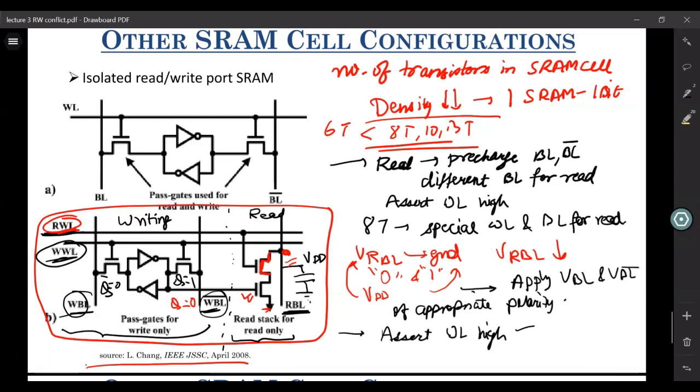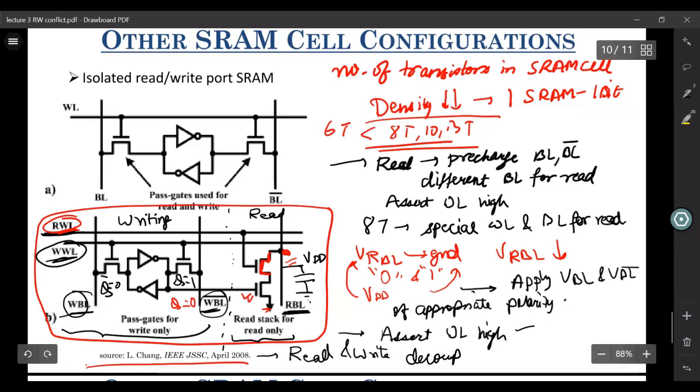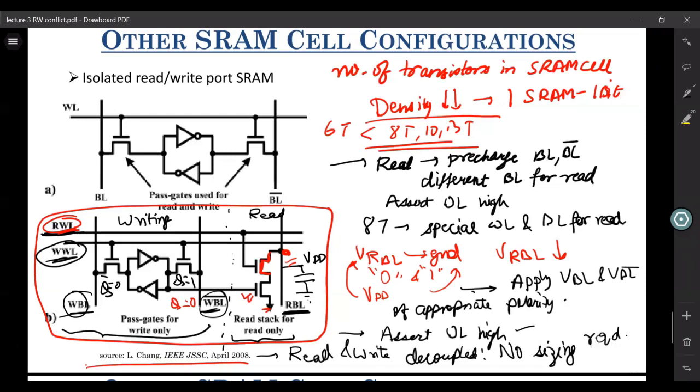Now here, one thing to note is, just because your read and write are decoupled, no sizing constraint is required. However, if you maintain the pull ratio here, you can still do the write operation faster.